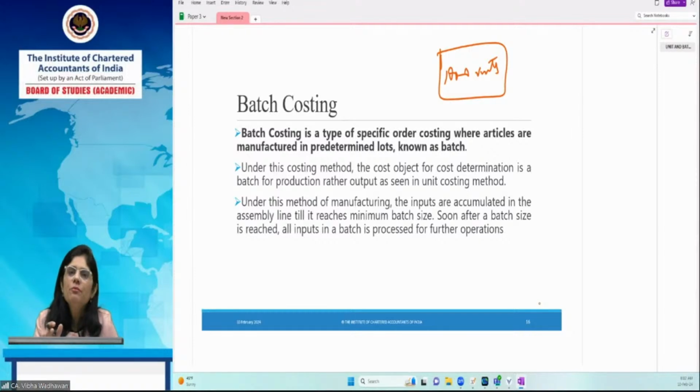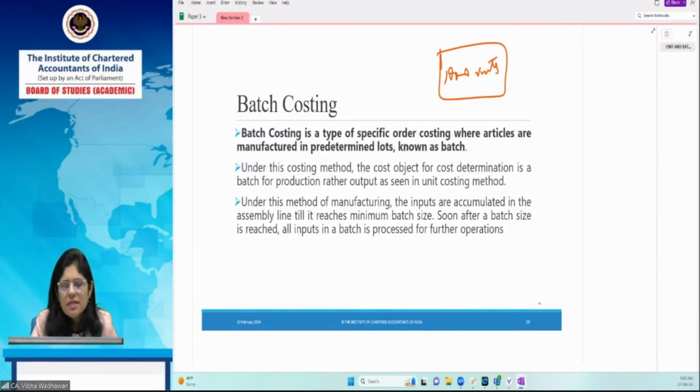So raw material for 1000 units will go inside, and output of 1000 units will come from the other end. That machine will be programmed in such a way that it can produce multiple units in one lot. That is batch.